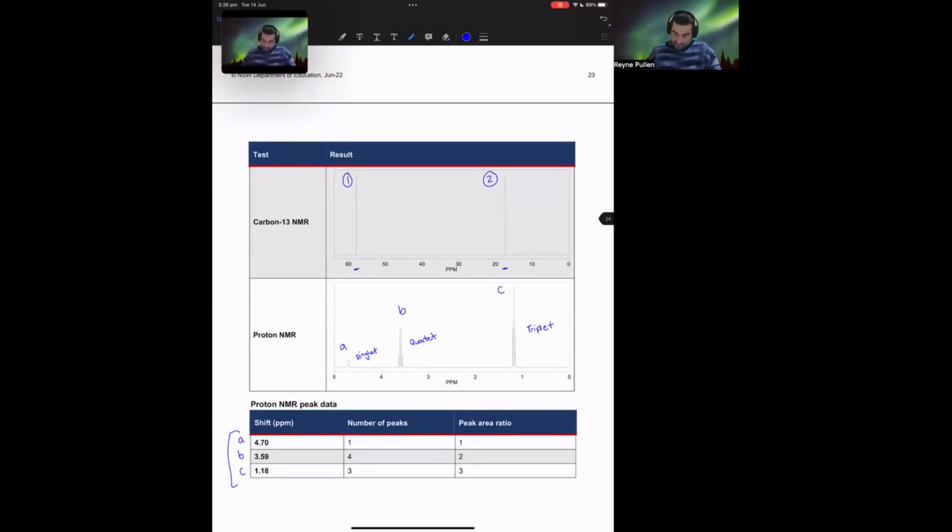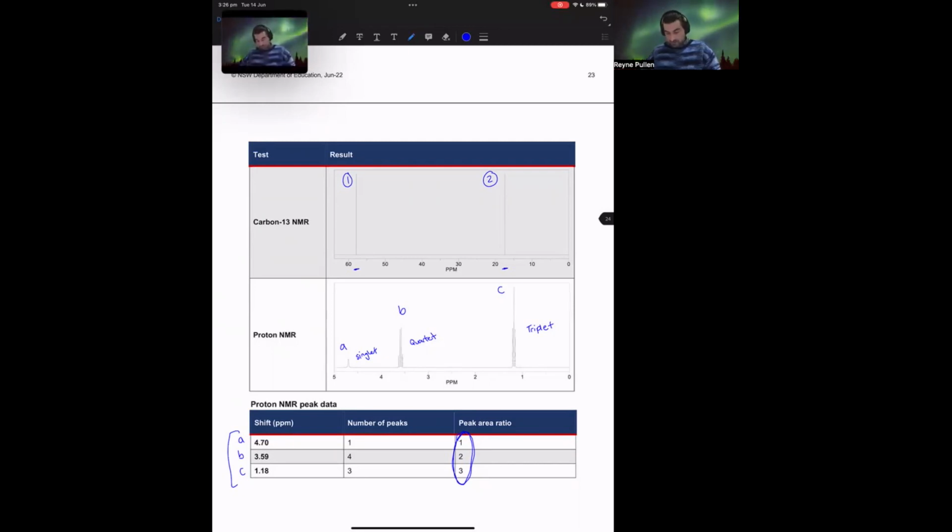We can also see that there are a certain number of protons present as well. So the singlet, there is only one proton in that environment. The quartet, there are 2 protons there, 2 hydrogens. And then in the triplet, there are 3. And this is another clue. If we think about the environment where there are 2 protons there, we're seeing a quartet, which suggests that it's next to something with 3 hydrogens, the N+1 rule.